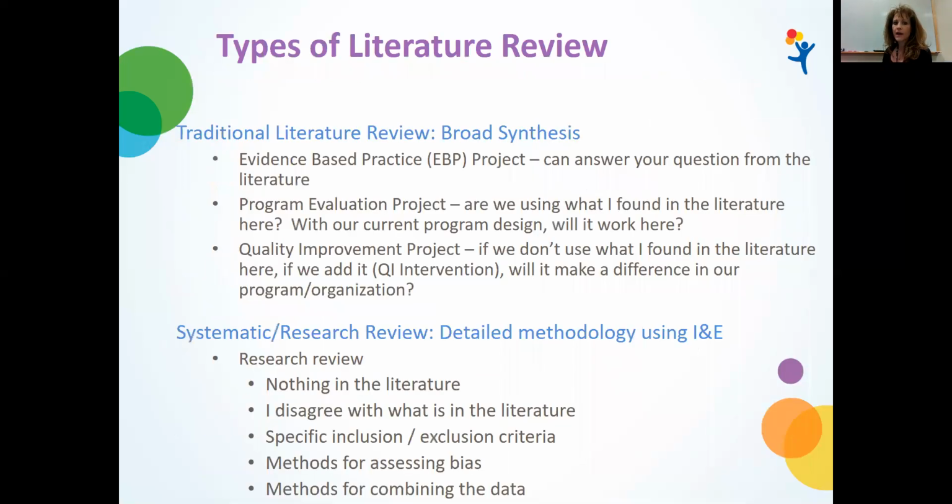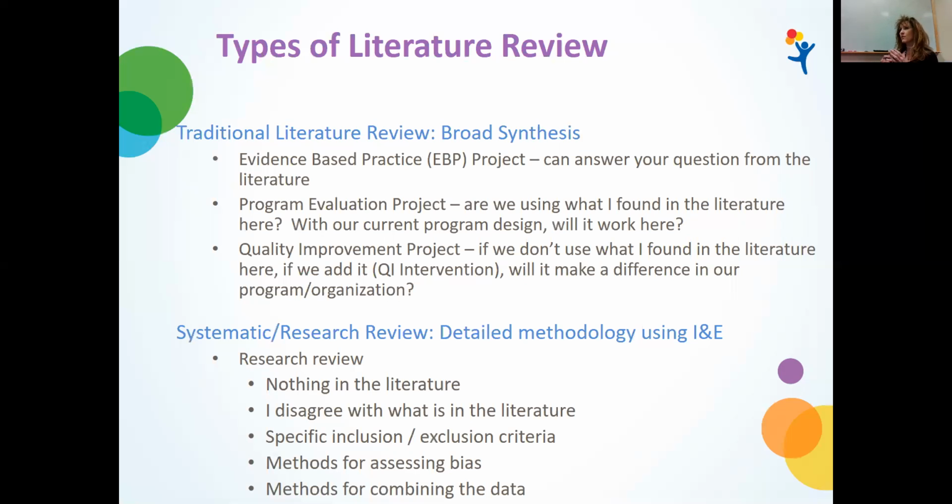So here's a couple of types of literature review. You can do a broad literature review across a number of things where you really do get to be a sponge. If you wanted to take a more systematic approach, and some people start out this way, they want to do a systematic review of the literature and publish it.